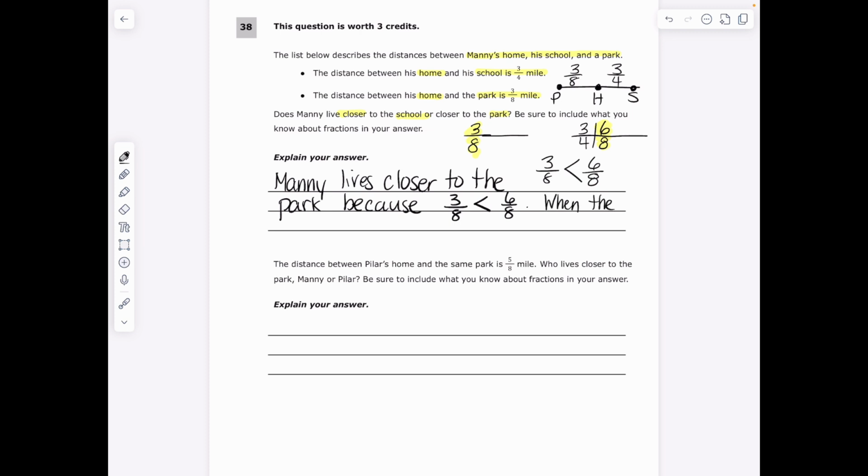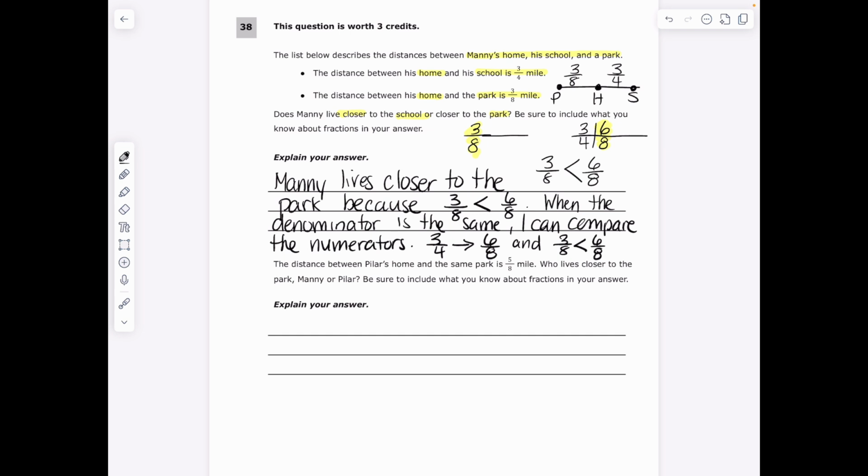When the denominator is the same, I can compare the numerators. 3/4 is the same as 6/8, and 3/8 is smaller than 6/8.